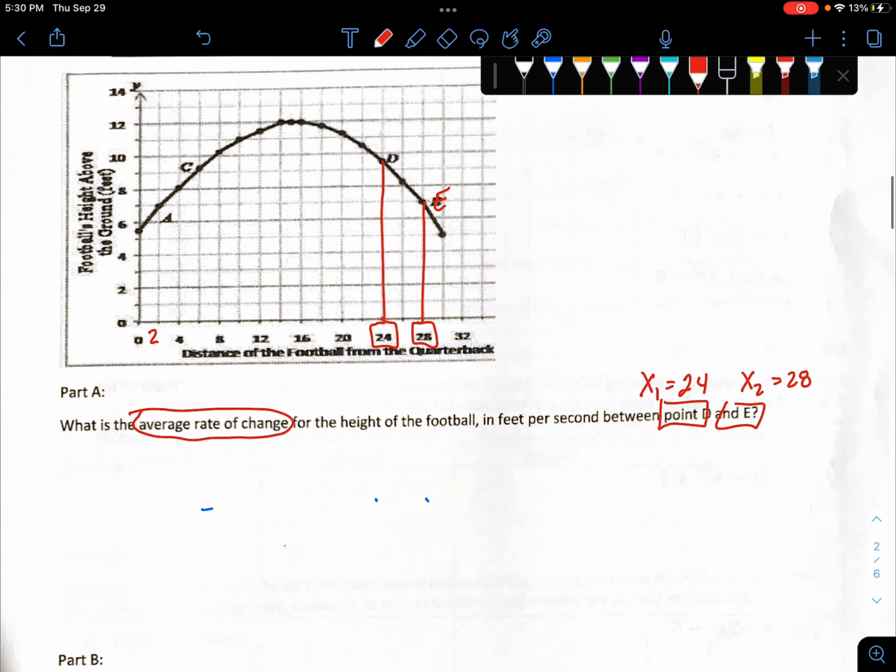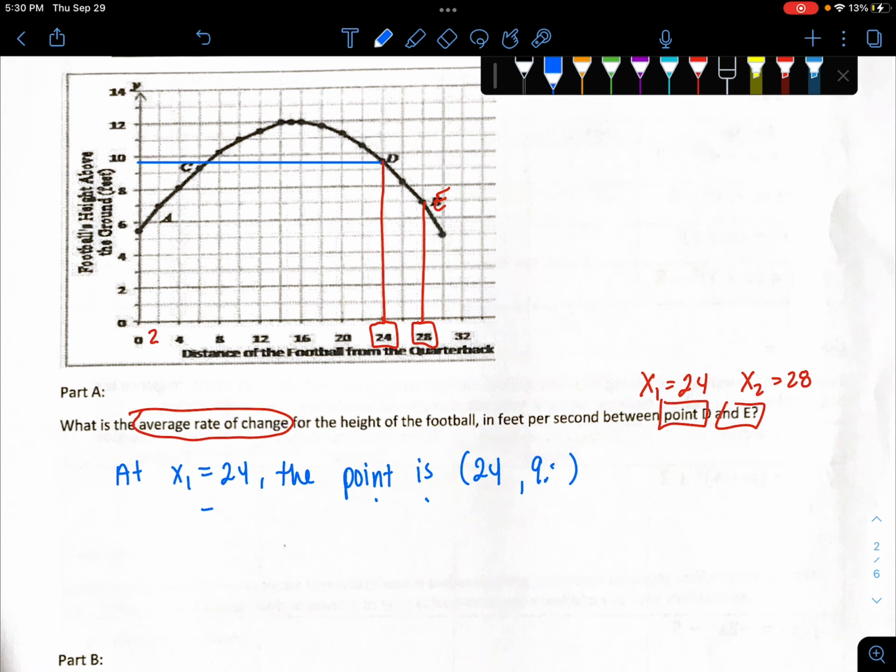Okay, remember we did this before. At x1 equals 24, the point is about 9.5. So 24 and 9.5.